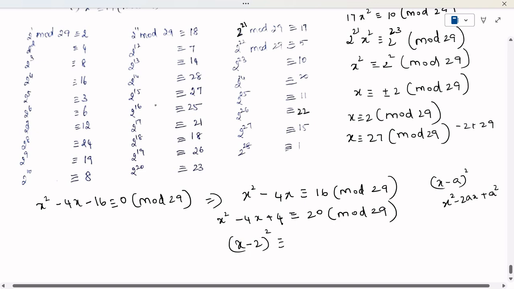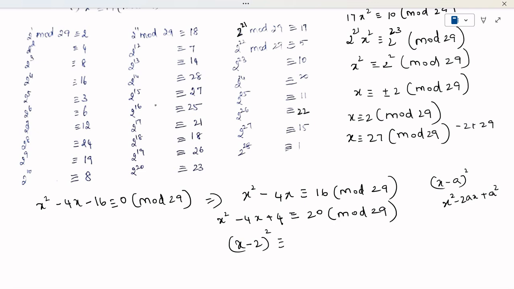Here 20. What is 20? 20 is 2 to the power of 24 mod 29.